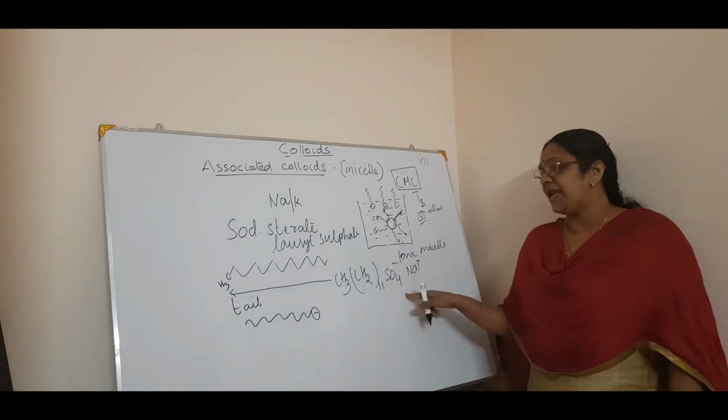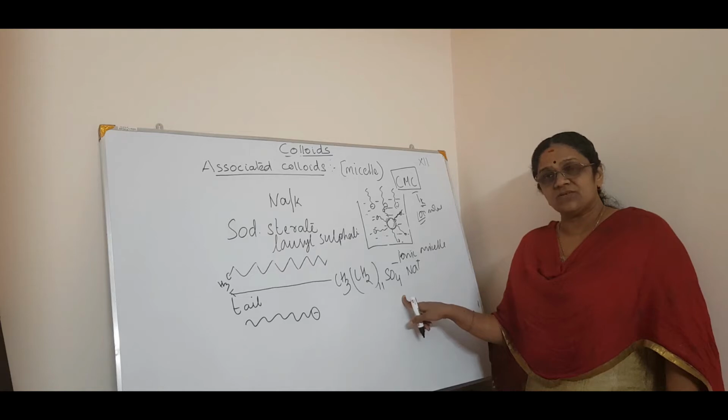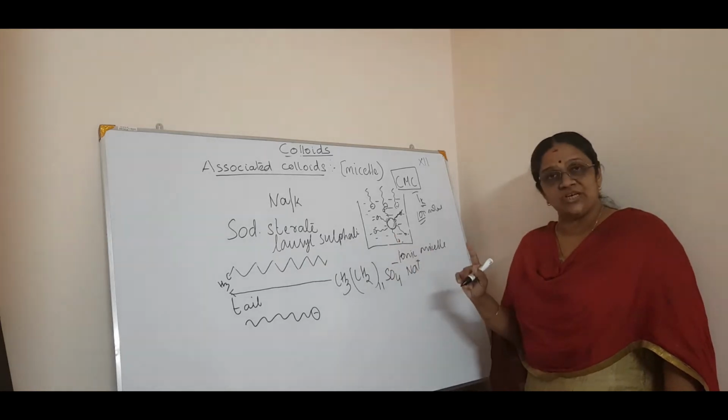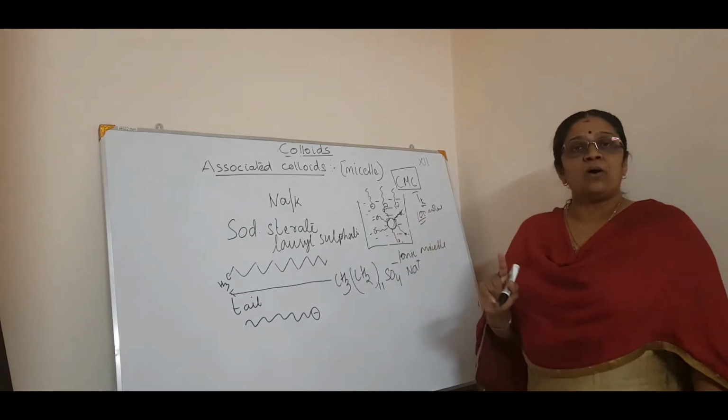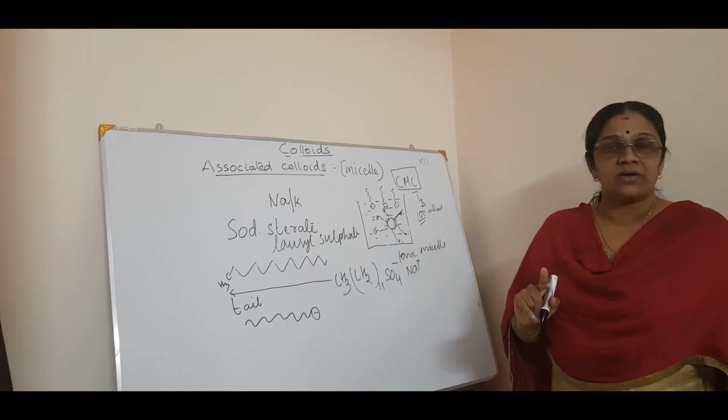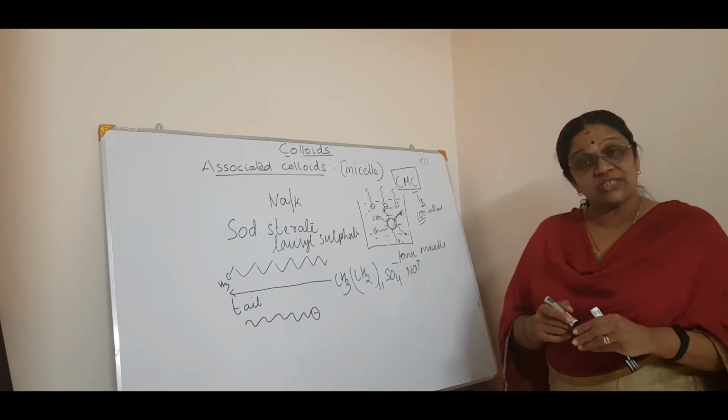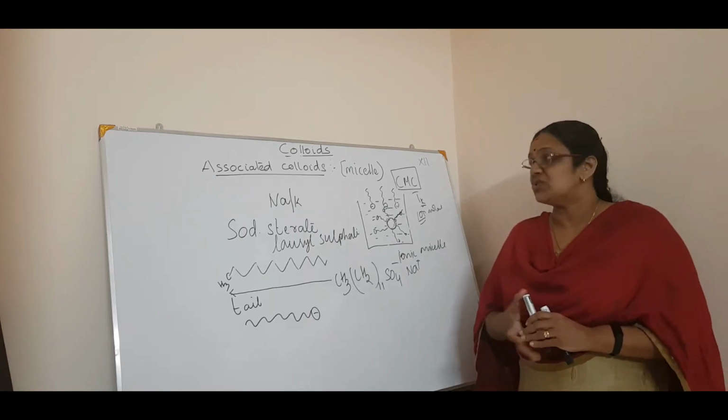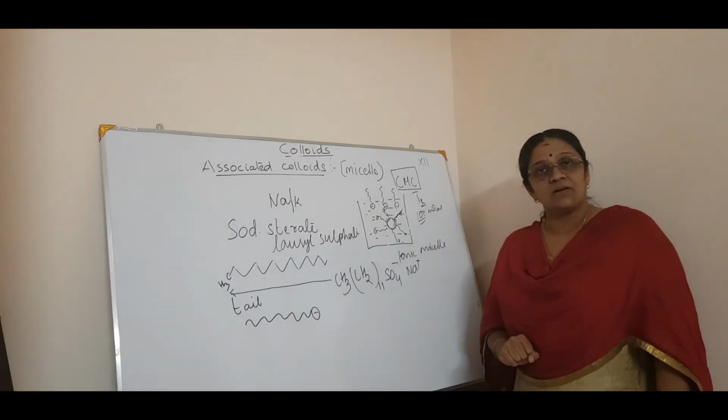This is again an example of a detergent. A detergent also forms micelles only above the CMC and the Kraft temperature. So that's all about associated colloids.